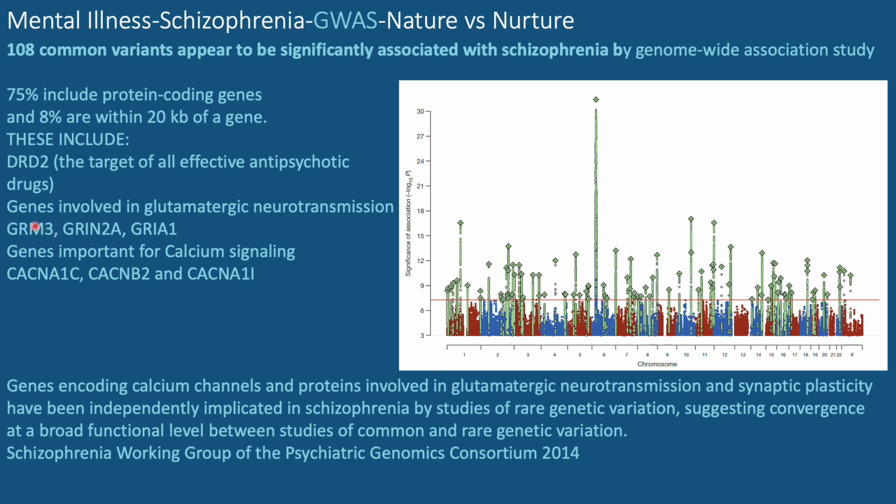These are named here, GRIA1, GRIN2A. And then there are variants that are portions of genes that are important for calcium signaling. And remember that calcium is important in synaptic transmission, the communication between different neurons.